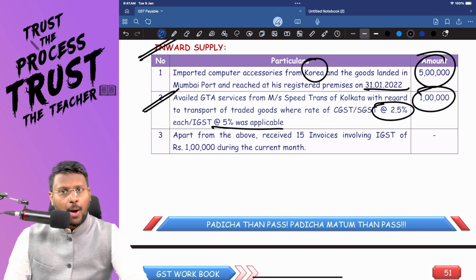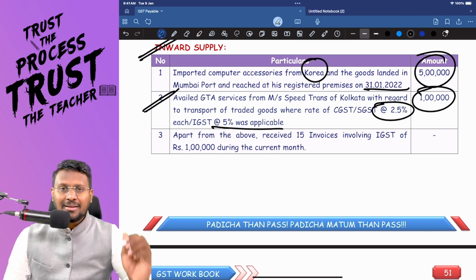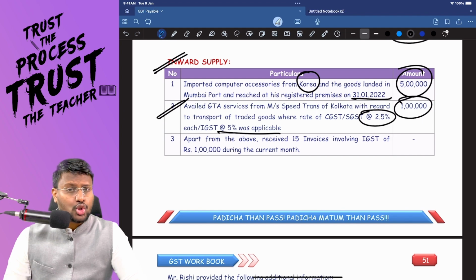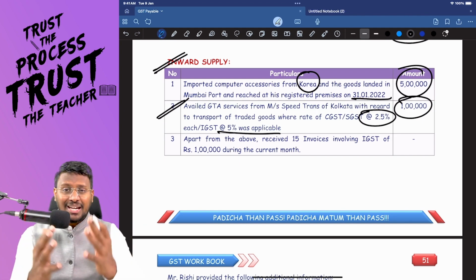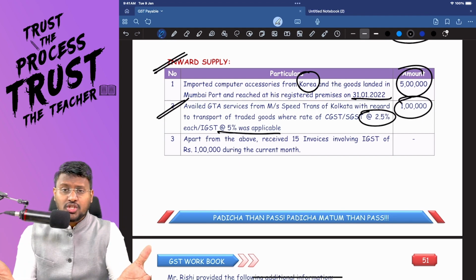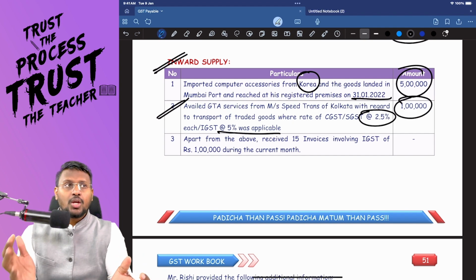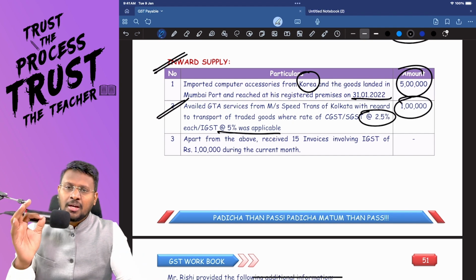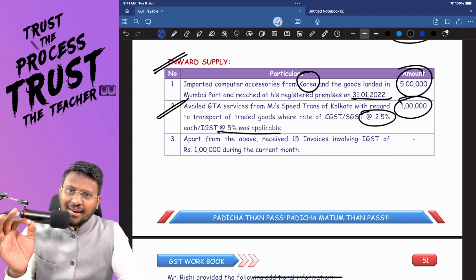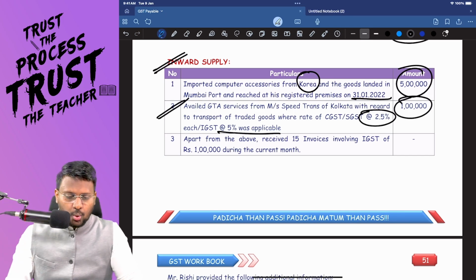GTA has the option to adopt the forward charge mechanism. Sir, if the GTA decides to collect 12% GST, it is forward charge mechanism. But they decided to collect only 2.5% or 5%. But that doesn't mean that once they travel through forward charge, 5% should not be there. Even for rate purposes, for ITC restriction, they can take registration and travel through how much percentage?